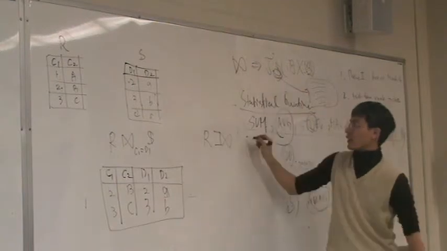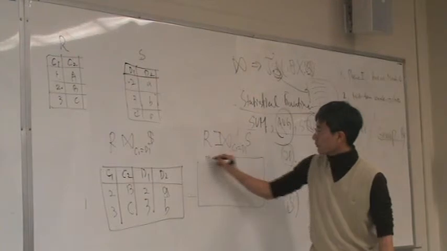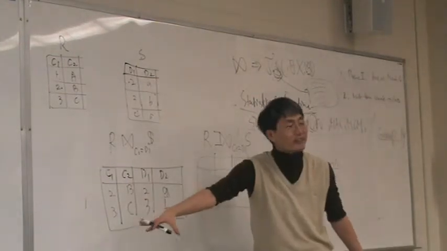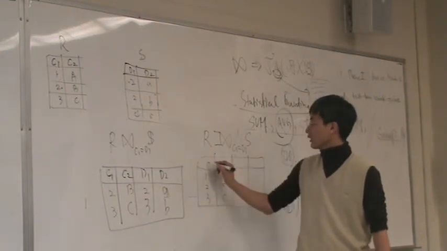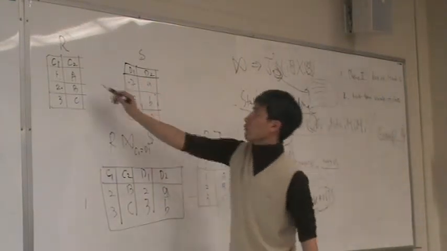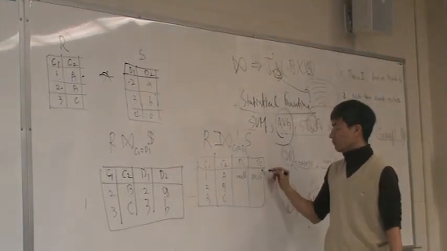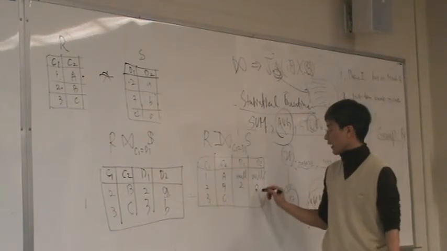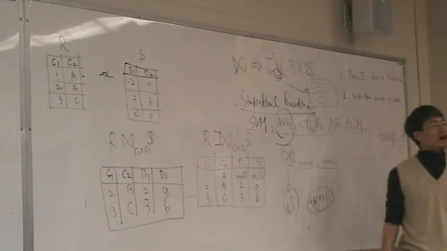Keep the whole left hand side. First, we will keep all left hand side. Okay? 1, 2, 3, A, B, C. C1, C2, D1, D2. Then check whether it matches. No matching, so null, null. 2, yes, it's matched, 2A. 3, matched, 3B. This is the left outer join.